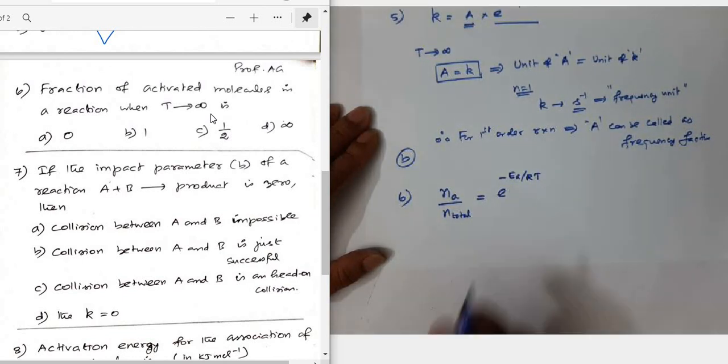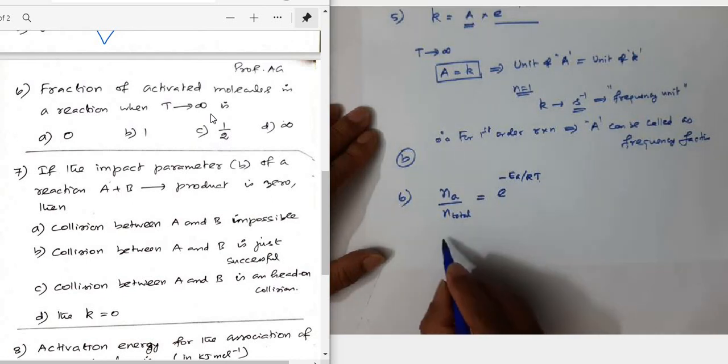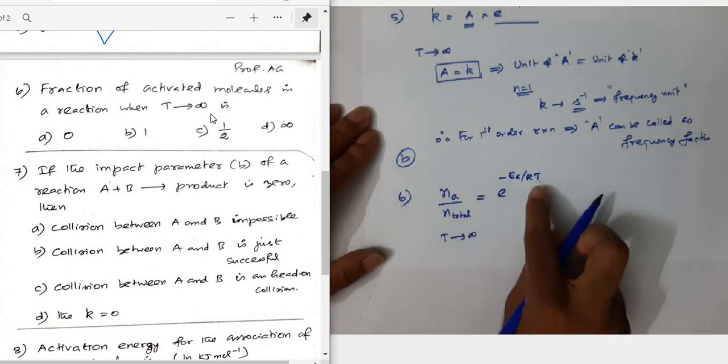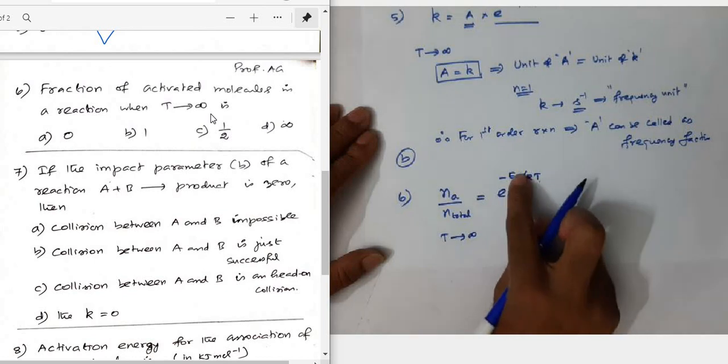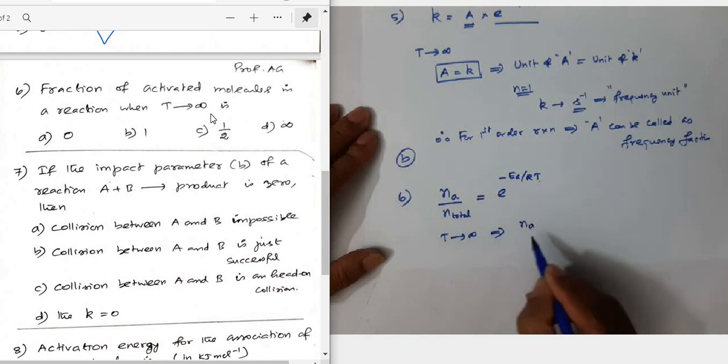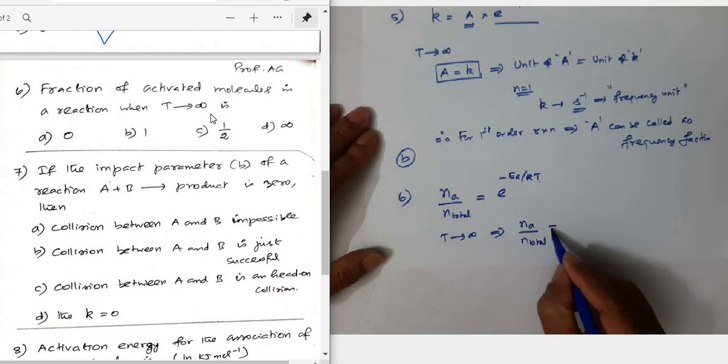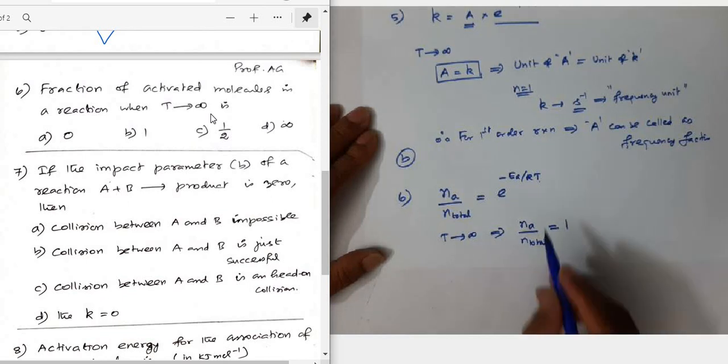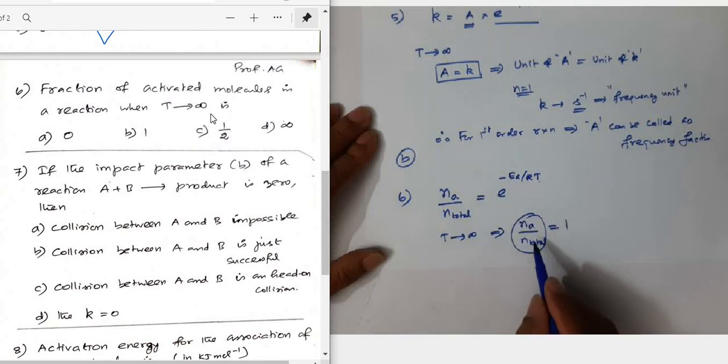Now, when temperature approaches infinity, if you put infinity here, something by infinity is 0, e power 0 is 1. So the number of activated molecules divided by the total number of molecules becomes equal to 1.